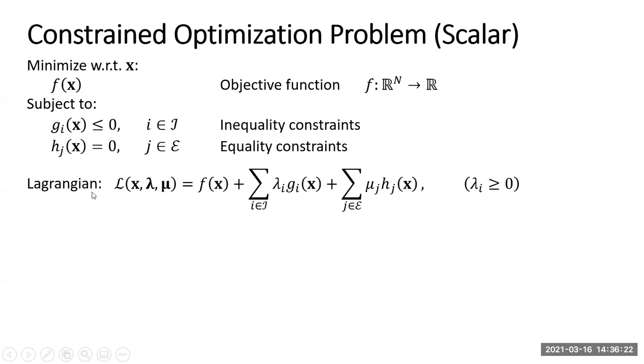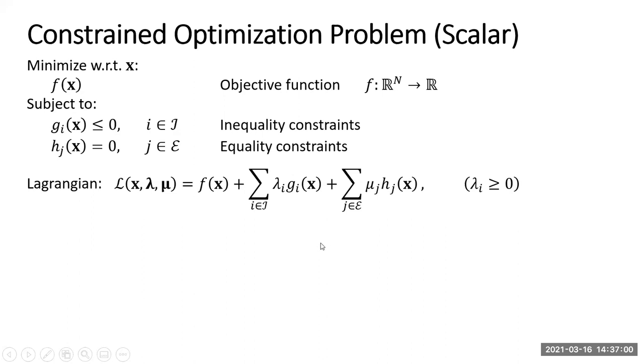interchangeably. So this Lagrangian is equal to f of x, the objective function, plus summation lambda i gi of x. So each lambda i is a scalar Lagrange multiplier corresponding to each of these less than or equal to, or inequality, constraints, plus summation over j of mu j hj of x. This mu j is a Lagrange multiplier corresponding to an equality constraint.